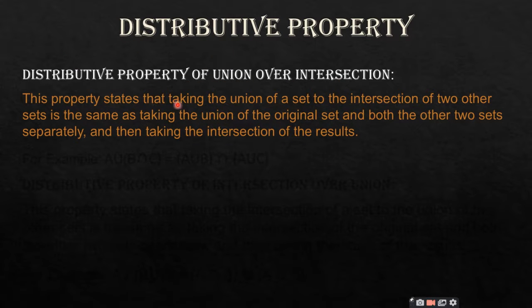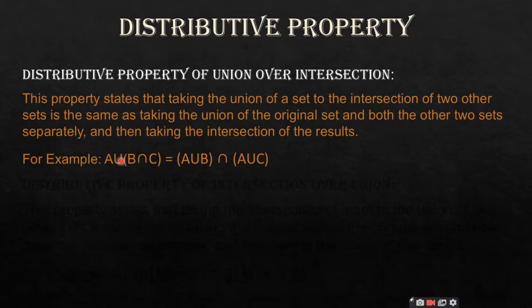This property states that taking the union of a set to the intersection of two other sets is the same as taking the union of the original set and both the other two sets separately and then taking the intersection of the results. For example, A union B intersection C is equal to A union B intersection A union C.